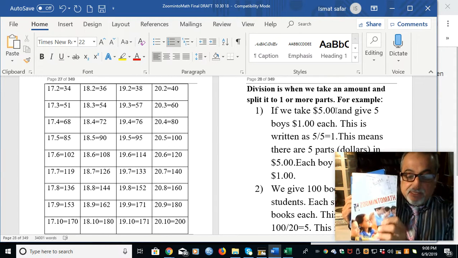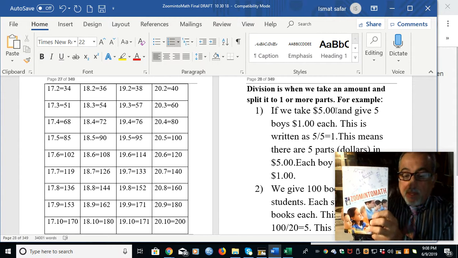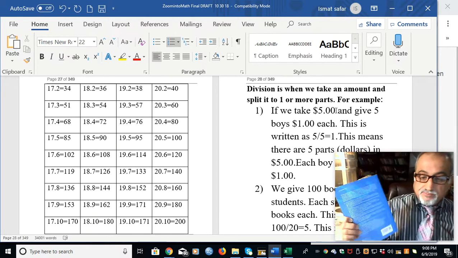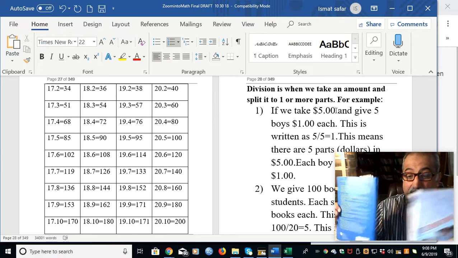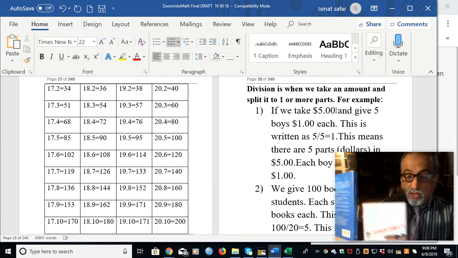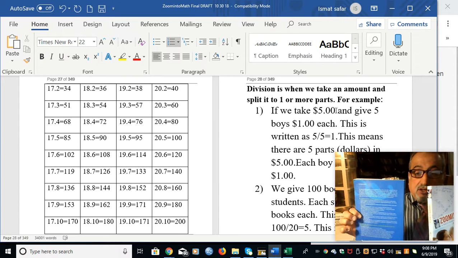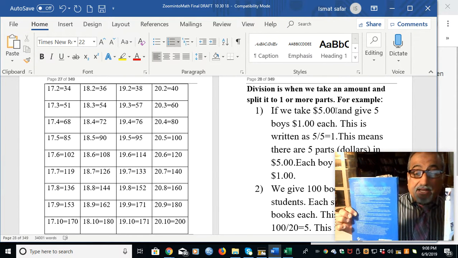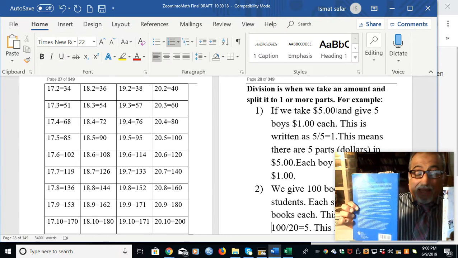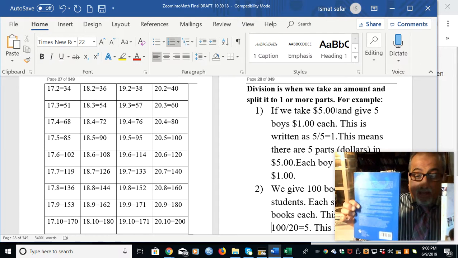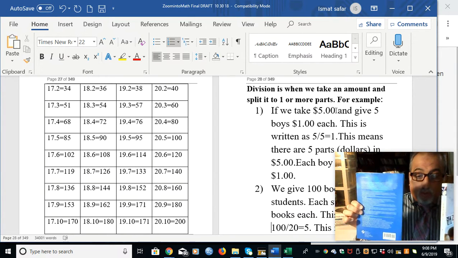This is my book and another book. How many books would one student have if we want to give these two books to one student?